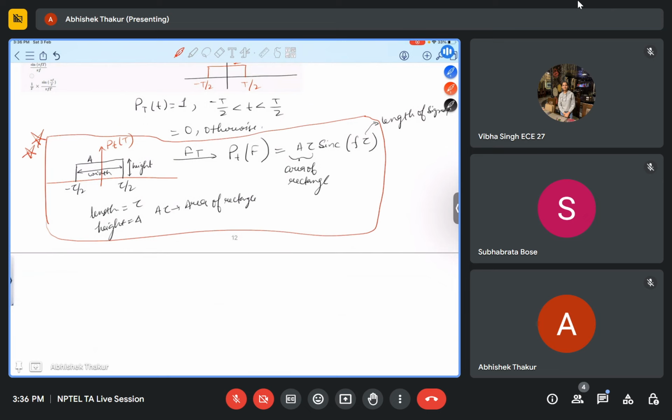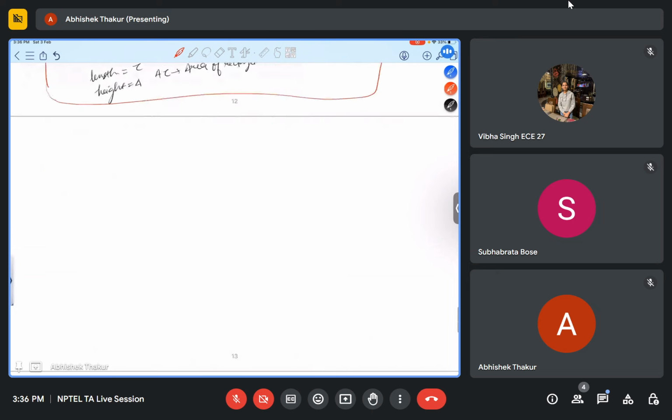And also there was lots of theory discussed on the autocorrelation and the Fourier transform of autocorrelation. So I will just give you the properties of some autocorrelation function that was not discussed in the class, but it will be helpful in the GATE examination.